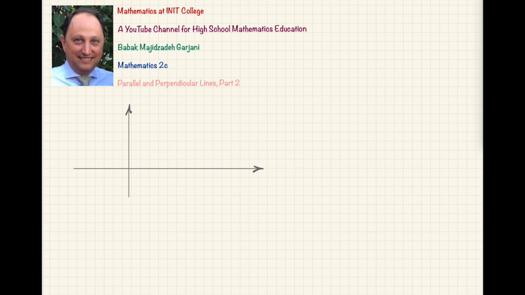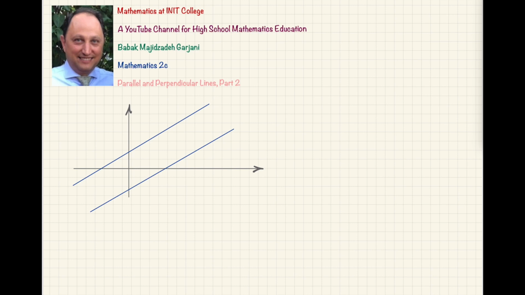Either the lines are parallel, or the lines are intersecting, or the lines are lying on top of each other. Actually, they are the same line, yes? So for the case of being parallel, I can have, for example, this line and that line approximately by hand, yes? So these are a pair of parallel lines.